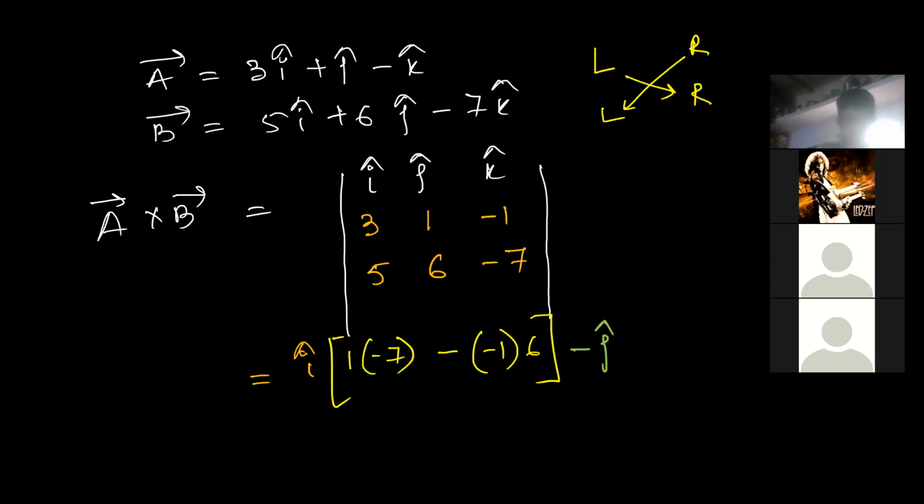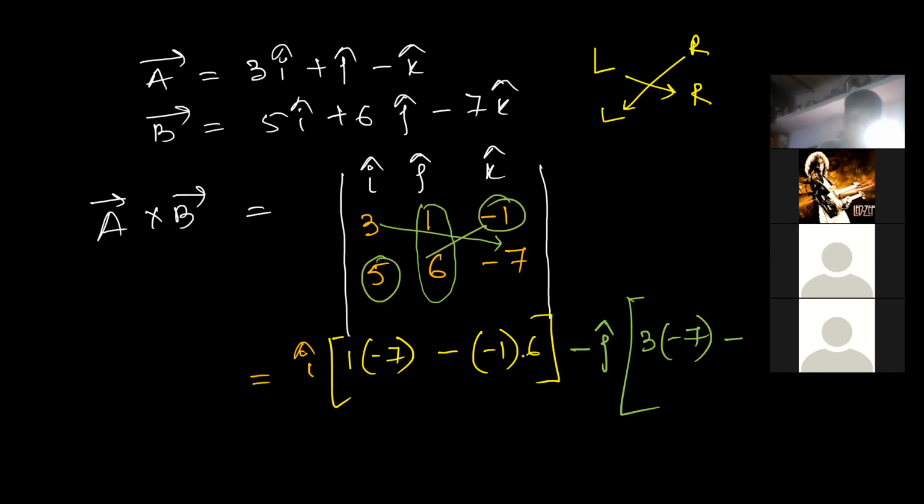Now, if I hide the column of j cap, then I should cross multiply 3 and -7, right? So 3 should be multiplied with this -7. Then you should give a minus sign. Then minus 1 is multiplied with this 5 for the case of j cap.